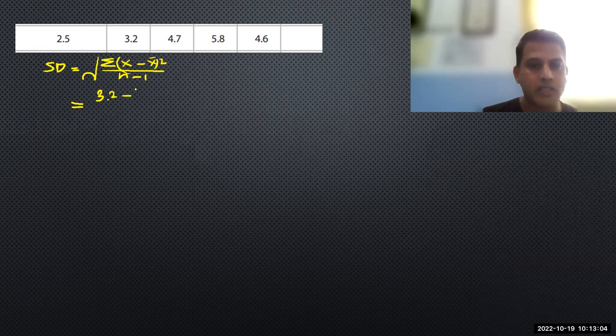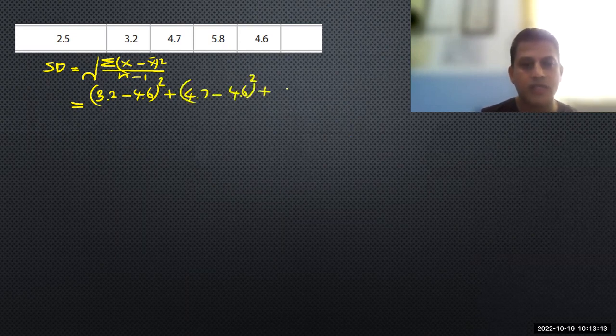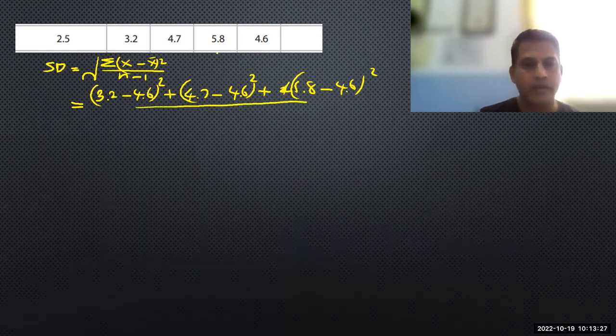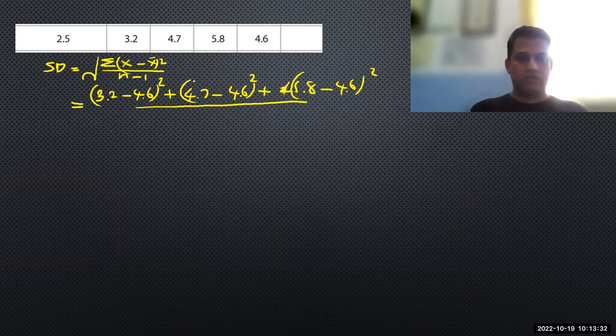3.2 minus 4.6, the mean, squared, plus 4.7 minus 4.6 squared, plus 5.8 minus 4.6 squared, divided by, this experiment was repeated 3 times, so 3 minus 1.